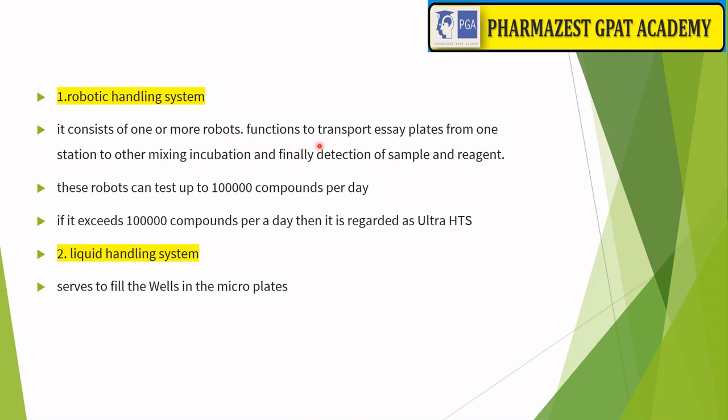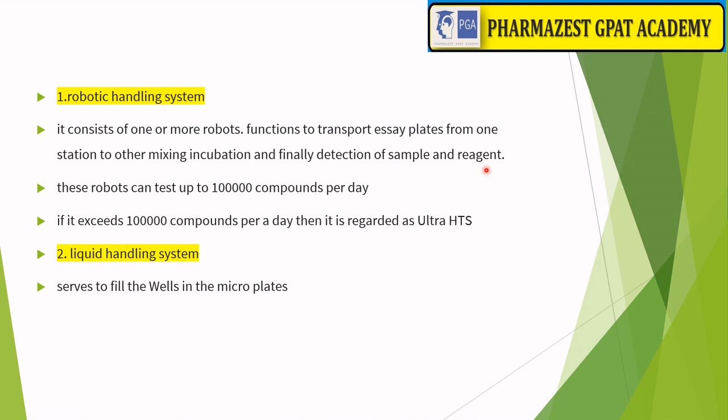Its function is to transport assay plates from one station to another, mixing, incubation, and finally detection of sample and reagent. The major function of the robotic handling system is to transfer the assay plates from one station to another, mix them, incubate them, and finally detect the sample.